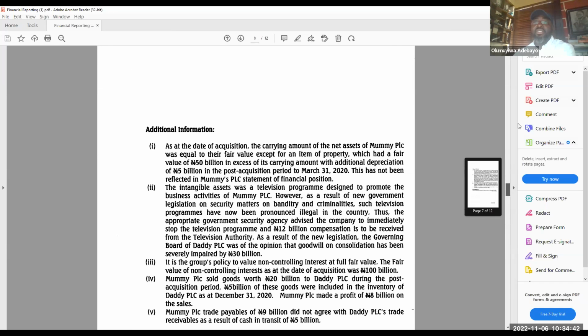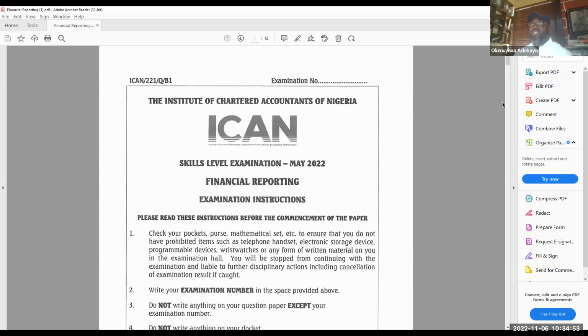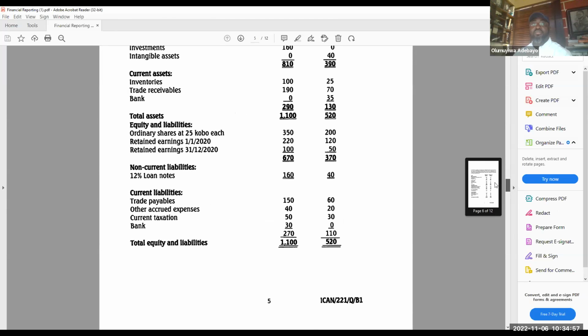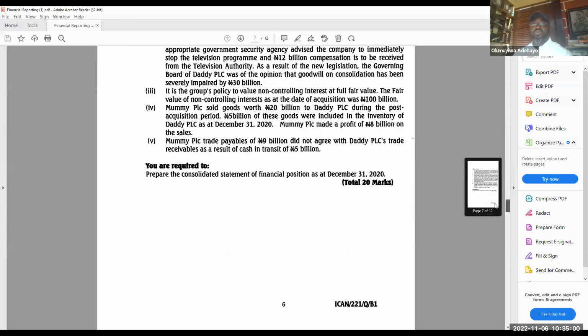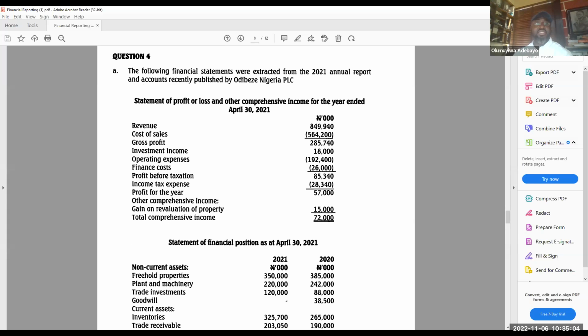And take note, the question is drawn from the Institute of Chartered Accountants of Nigeria Skills Level Examination, May 2022, for financial reporting. The question is question 4. Kemidari, thank you. You can proceed.